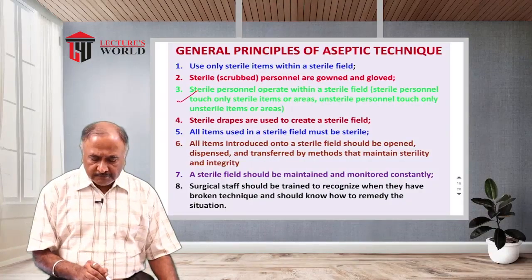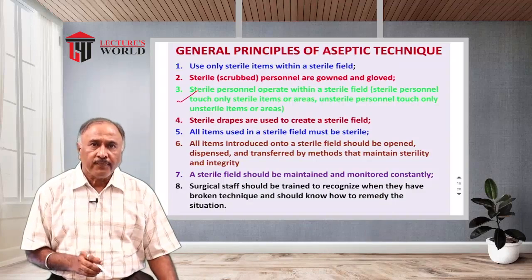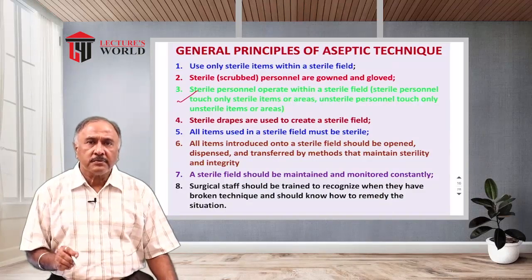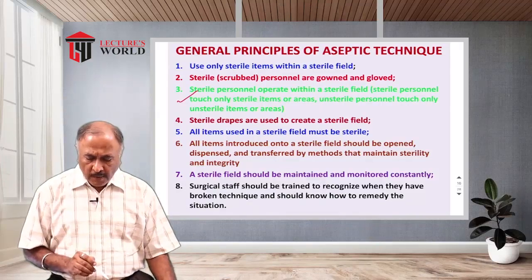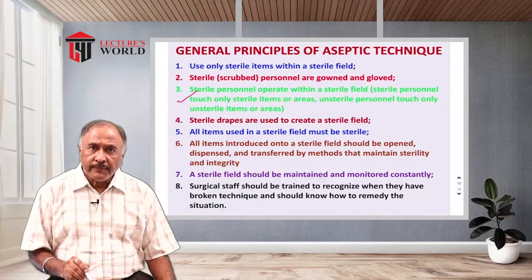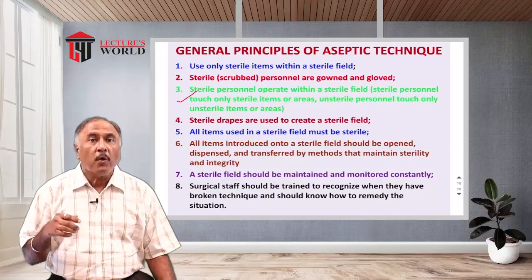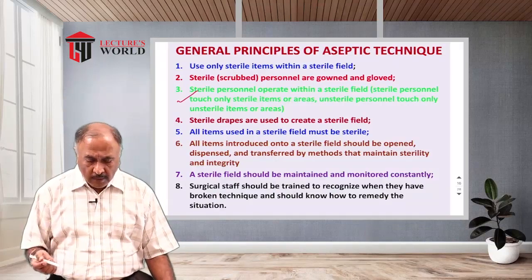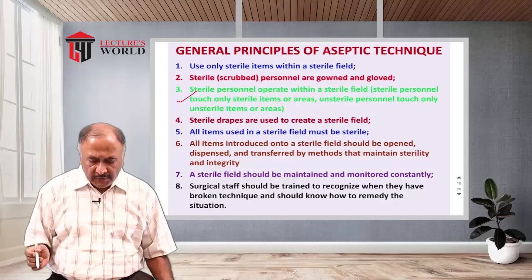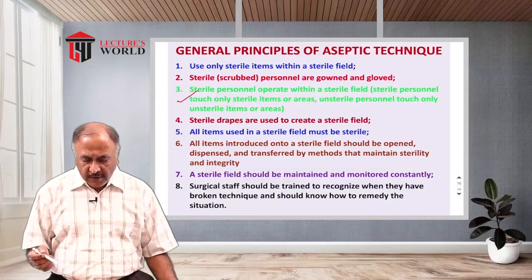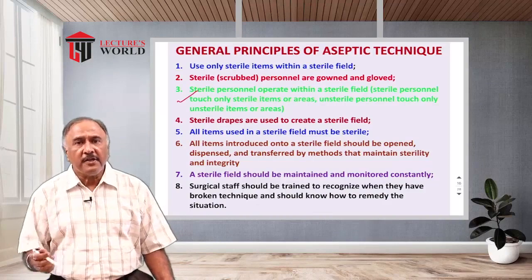All items which are used, all equipments which are used, now we come to equipments. All equipments which are used in a sterile field should be sterile. These items or equipments should be opened up under sterile conditions. They are dispensed, meaning once they are used, they are dispensed and transferred by aseptic methods to maintain the integrity of sterility.